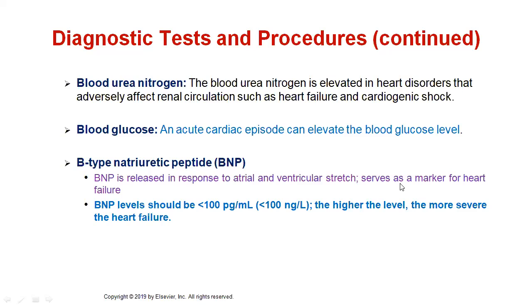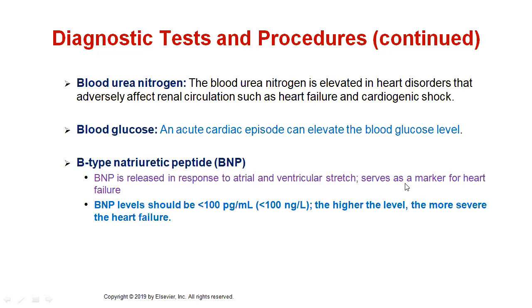And it serves as the marker of heart failure, right? So BNP level should be our target less than 100 nanogram per liter. If the BNP level is more than 300 or some books said 400, it indicates heart failure.